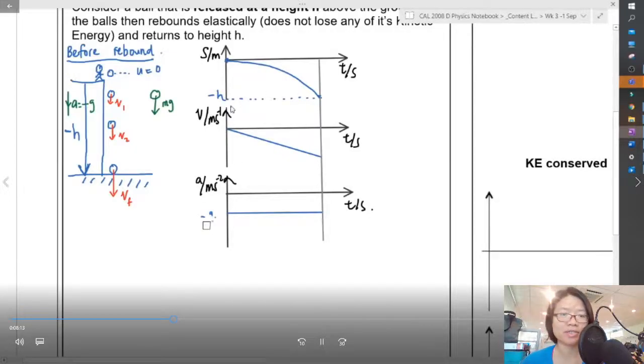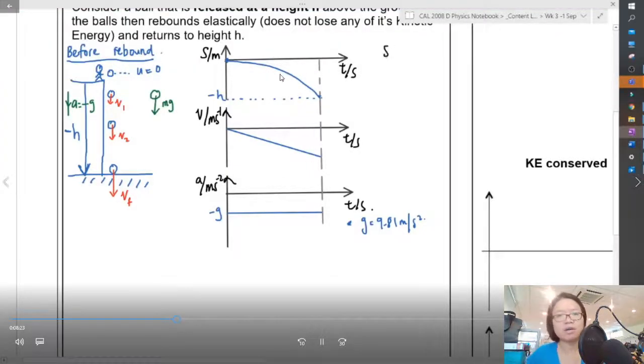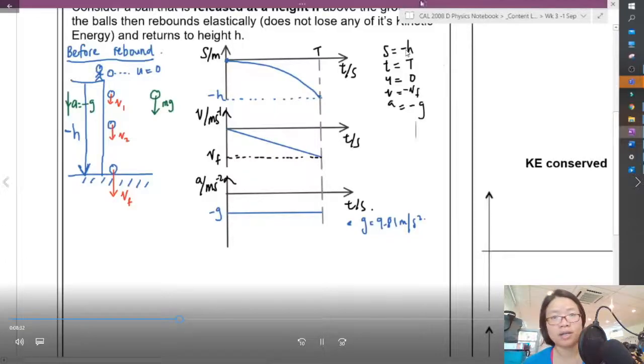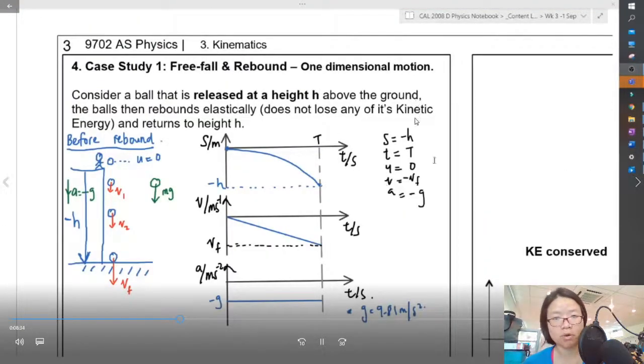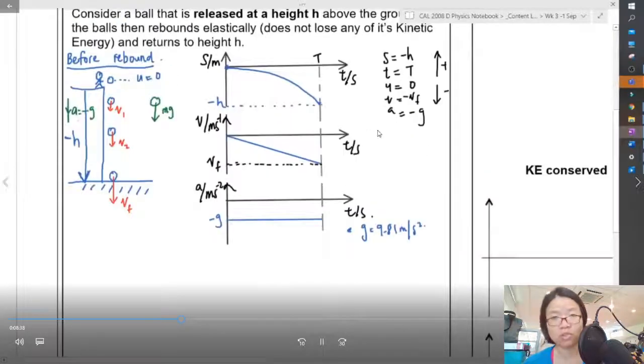Let's say this is negative h because the ball is below the initial starting position. This will be negative g, and if you want to find the speed, you can calculate it if you know how long the ball has fallen. The time of flight here, I will label as t. If you list down your STUVA, remember I talked about sign. All these things are vectors, so you should take note of the sign. The ball is below the original position, so negative h, and g is downward, so negative g.